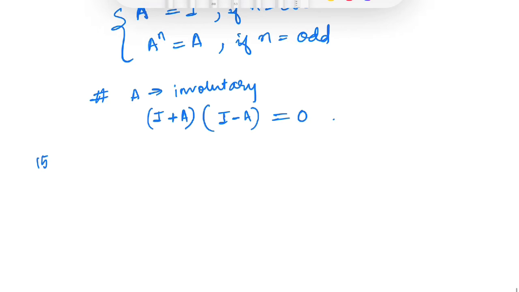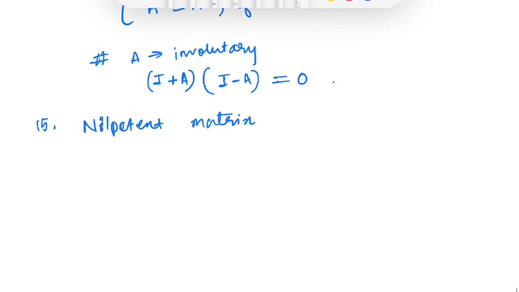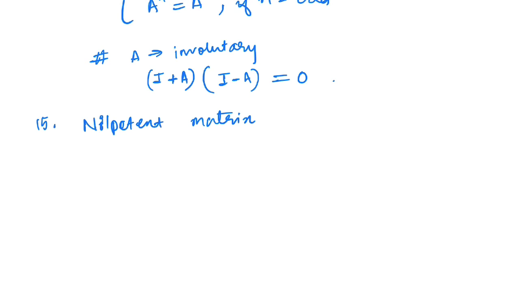Okay, now another one, which is the nilpotent matrix. In a nilpotent matrix, suppose I consider A, which is a square matrix.